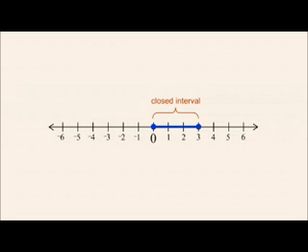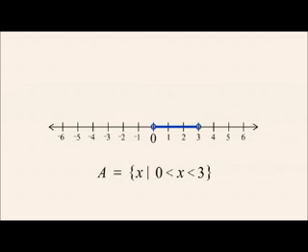Intervals which do not include their endpoints are called open intervals. The endpoints of open intervals are drawn as open circles, indicating that they are not members of the set. This interval corresponds to the set of real numbers greater than 0 and less than 3. Intervals can also have one included endpoint and one excluded endpoint, or vice versa.